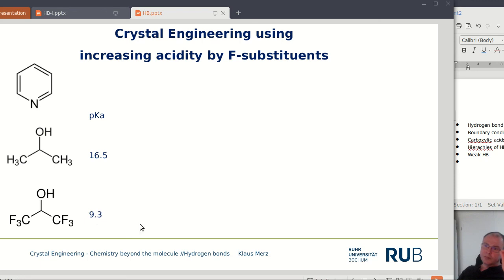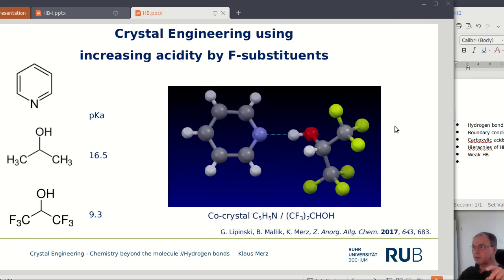we will see it has an impact on the pKa value, and in this case it's really possible to get a co-crystal of pyridine with a perfluorinated propanol.